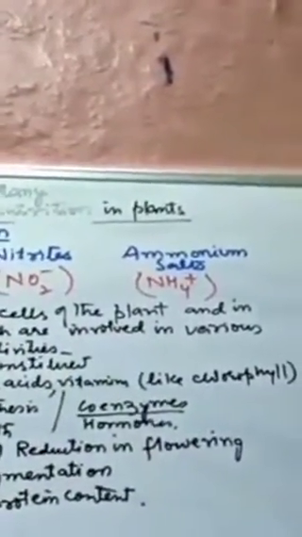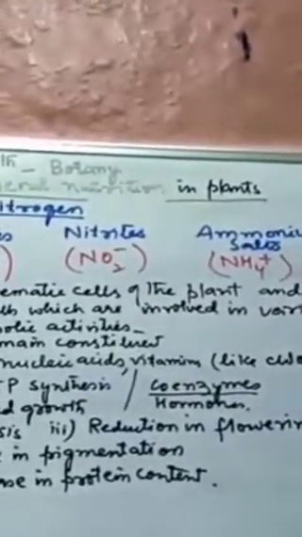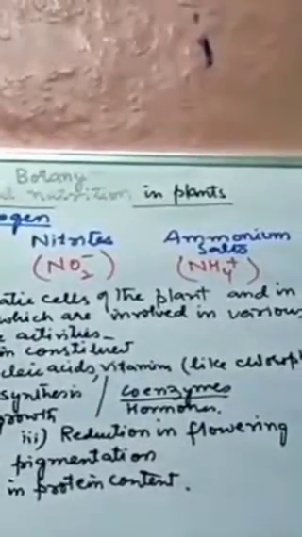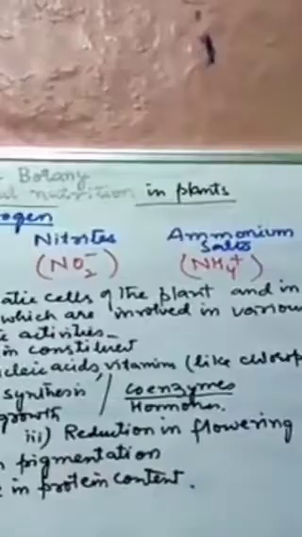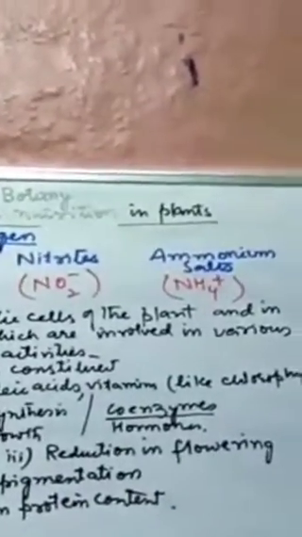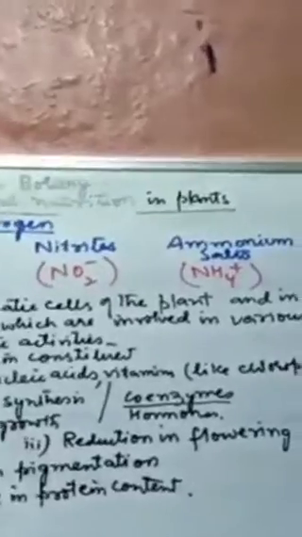When we know the functions of this element, we can automatically see the deficiency, if there remains some deficiency in the plant. When there may be a deficiency of this element nitrogen, we find such deficiencies.